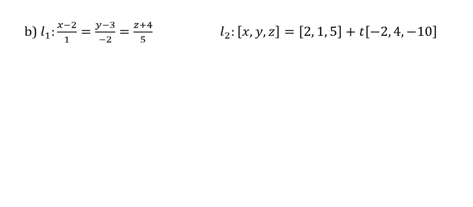Okay? If you check the direction vectors and they're not scalar multiples, so the lines are not parallel, you're not picking a point from one and checking it on the other.